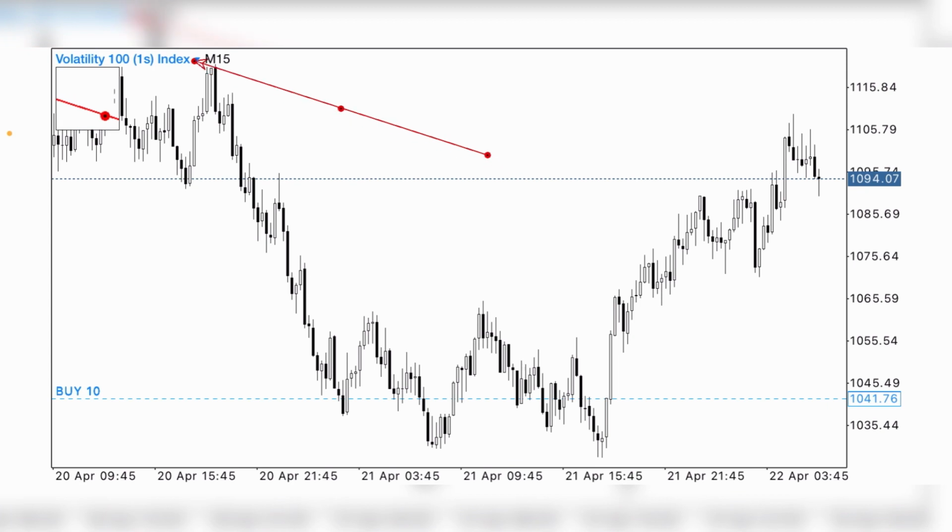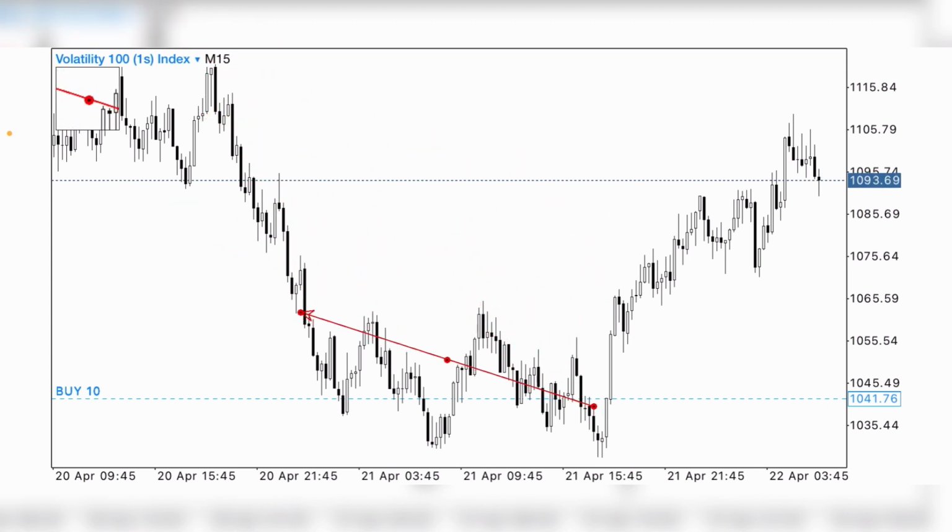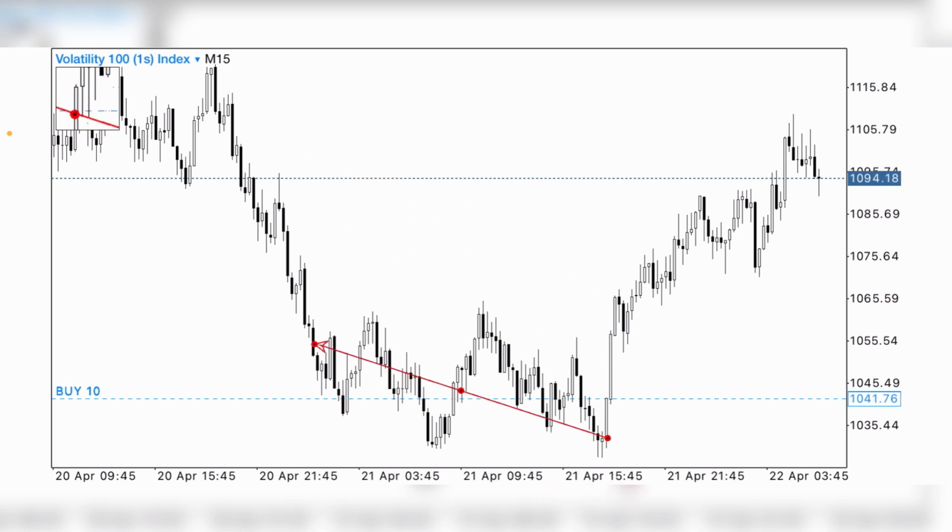After we add the break of this particular low, this high turns into an inducement for this range.